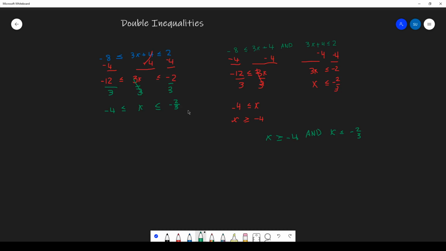So this and this are the exact same thing. They mean the same thing. This is just a more combined and compact way of writing this, without the word "and" in between. Okay, so now let's make our number line.